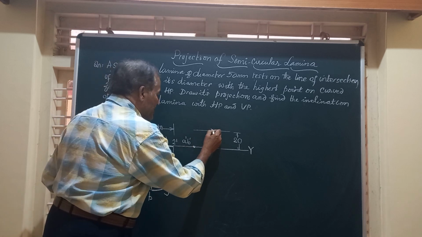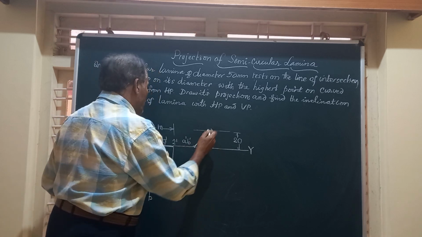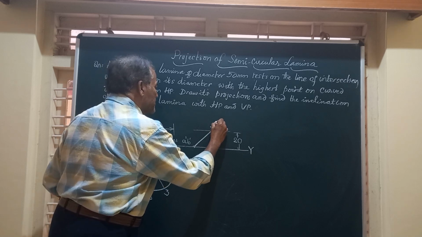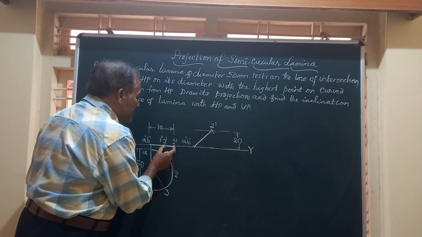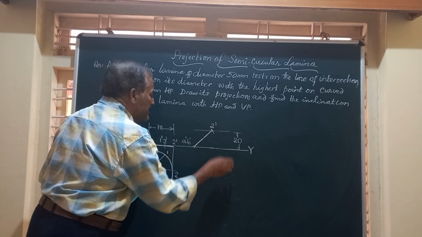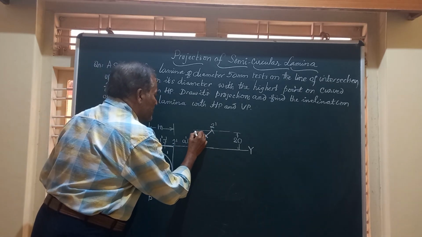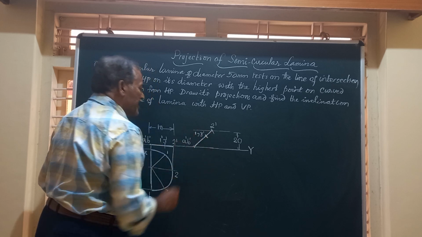I strike an arc and join that point, the so called 2 dash to A dash B dash. So you can locate the point 1 3 by taking this distance here. So it will come somewhere here. This is 1 comma 3, 1 dash comma 3 dash.